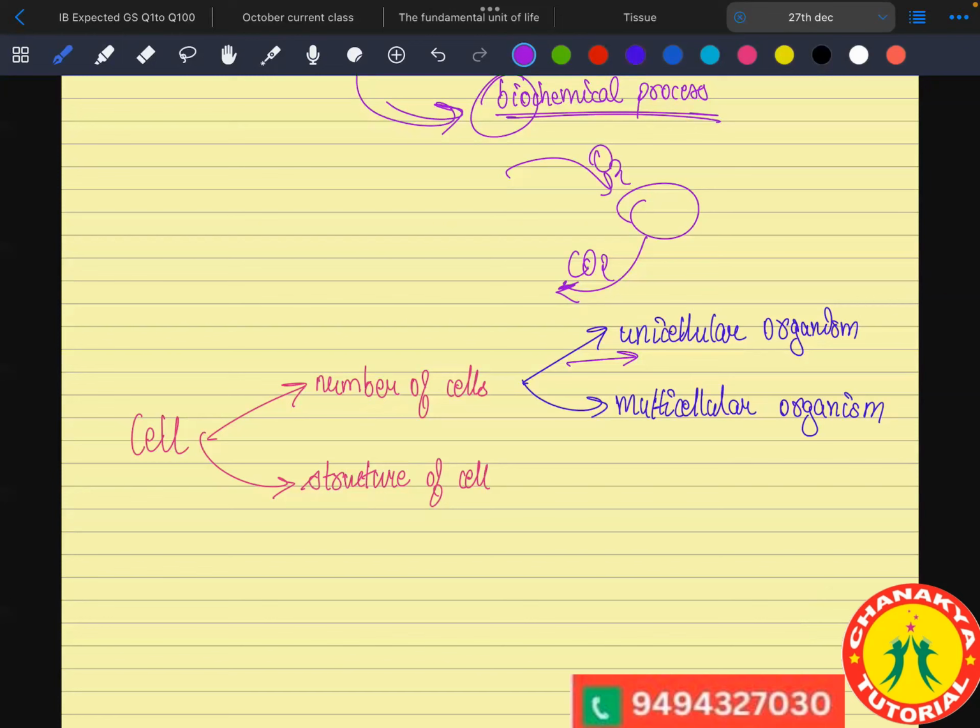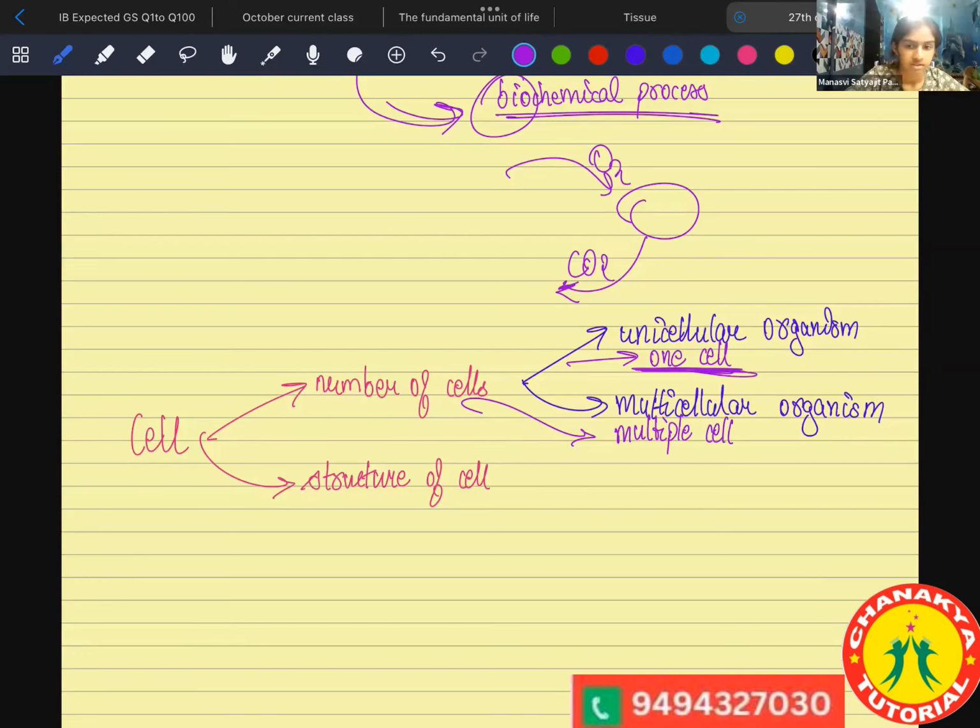If there is one cell, then it will constitute a single unique type of organism which will work on a single cell only. There are multiple cells also. But how does multicellular come under the cell category? Cell is already unicellular.